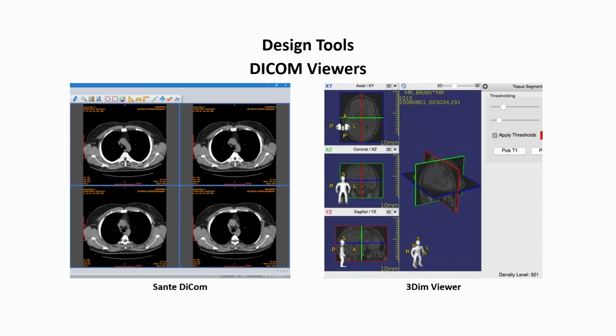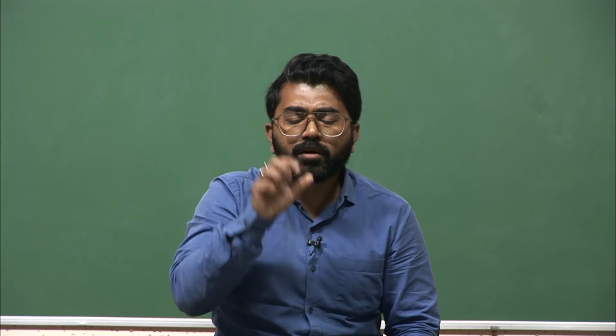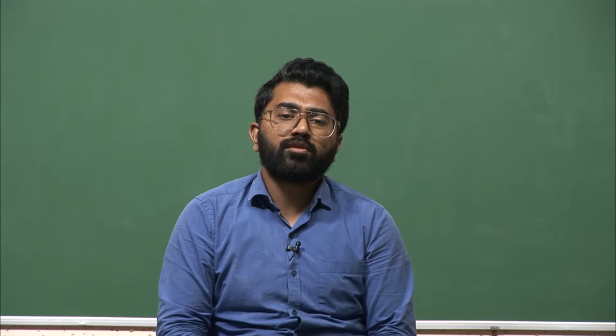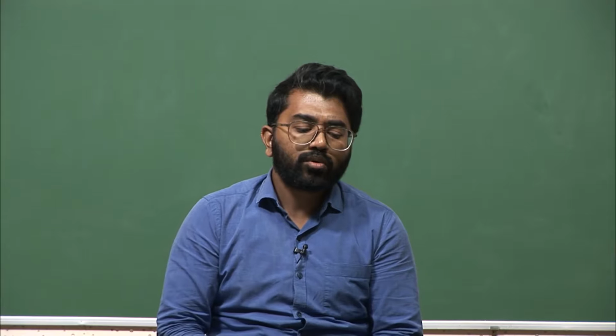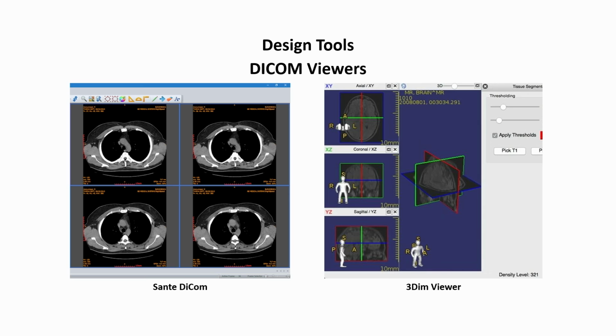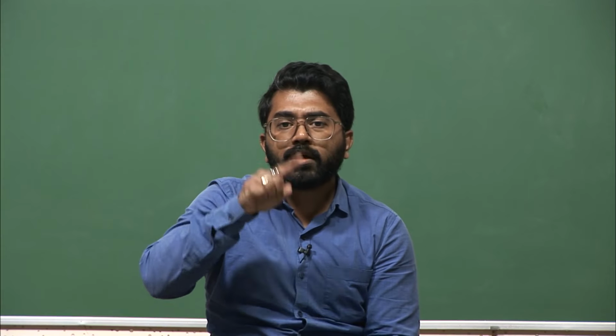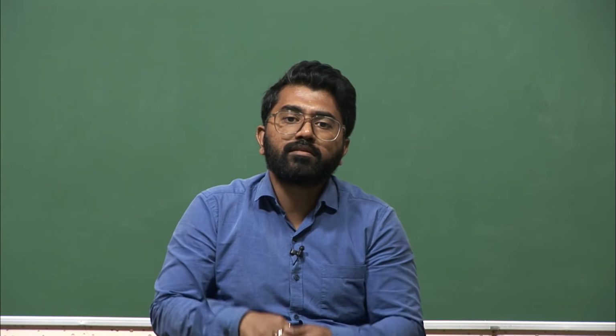And there are these 3 planes, and the next step is segmentation. So segmentation is where you are trying to create a contour around a particular type of soft tissue or bone or any kind of structure which you are trying to pinpoint and create a model of, right? So within this scan, if you can clearly demarcate that this region is a particular organ or soft tissue which I want to model, then I keep on creating contours around it in all the 3 planes, wherever I can see it.